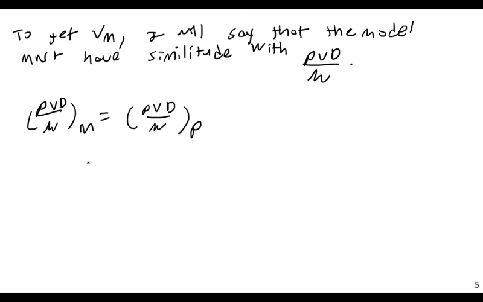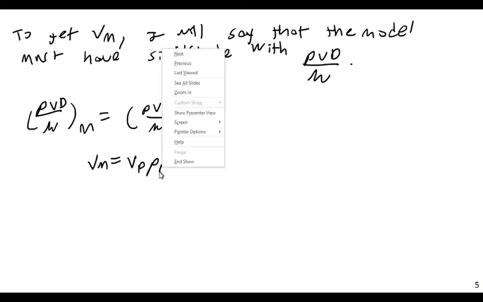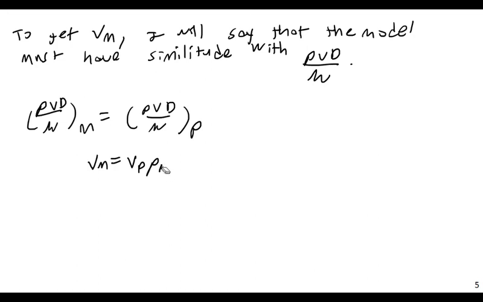And if I solve this for VM, I will get that this is equal to VP rho P dP mu M divided by rho M times dm times mu p.